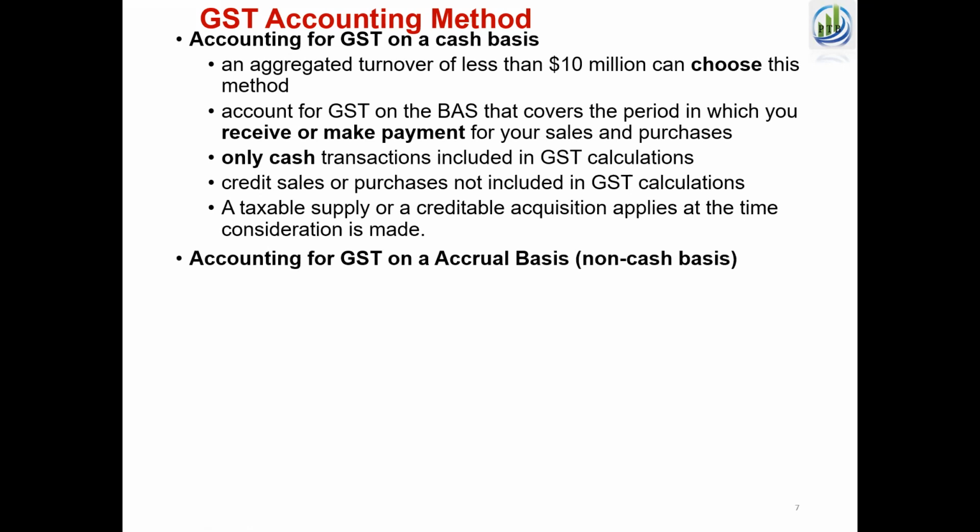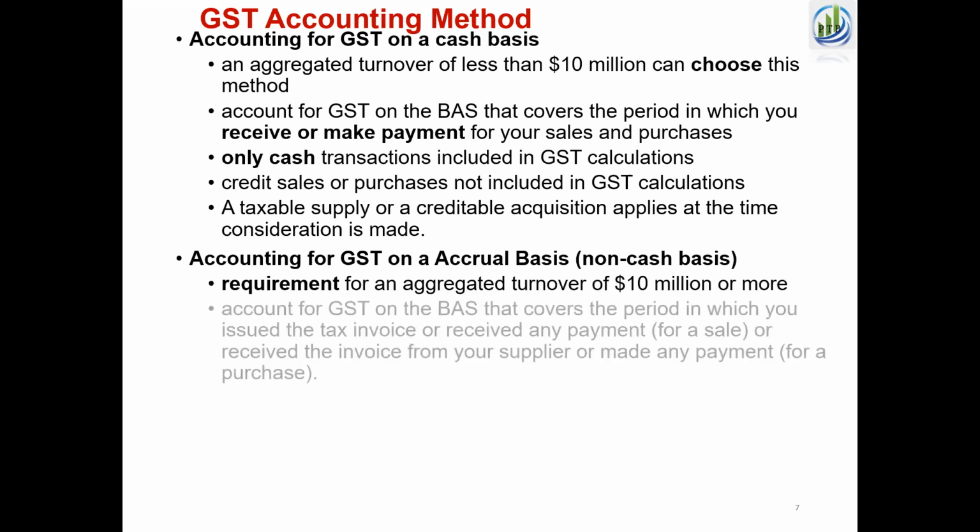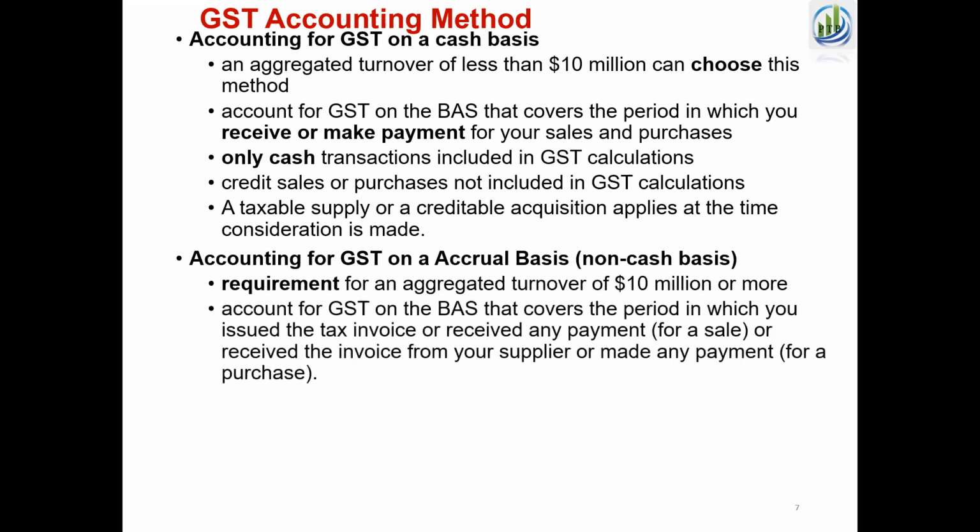So if you're less than 10 million, you can use cash basis or accrual basis. That's your choice. But if your turnover goes to more than 10 million, you have no choice. You are only going to do the accrual basis. What does the accrual basis mean?